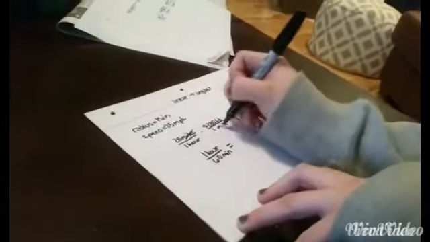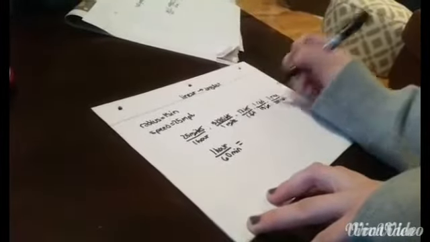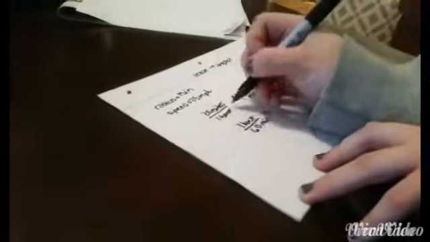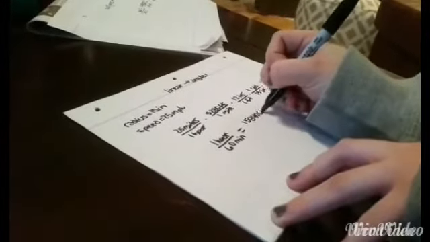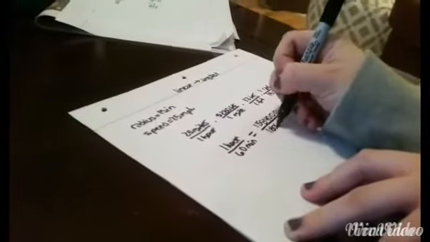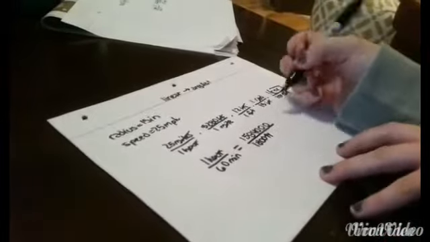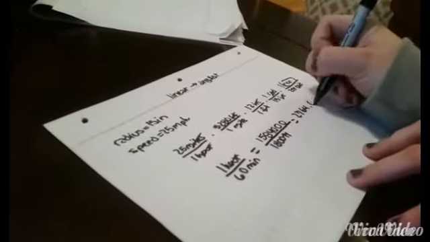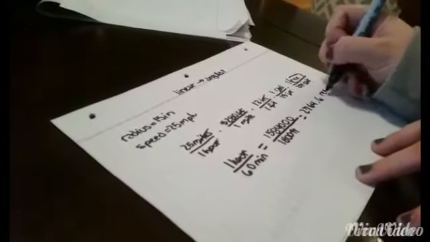Now the total of the top and the bottom will equal a number over 1800 pi. And this equals a total of 2,764.6 revolutions per minute.